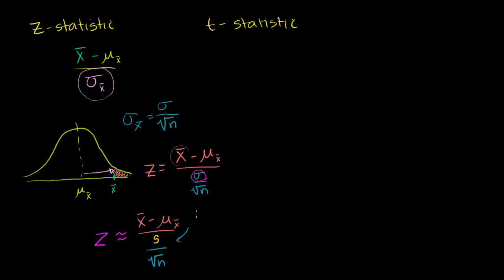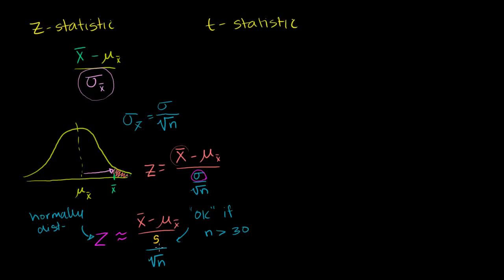And this is okay if our sample size is greater than 30. Or another way to think about it is, this will be approximately normally distributed if our sample size is greater than 30.